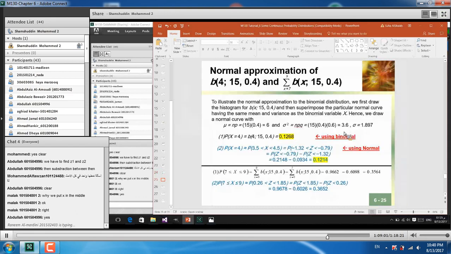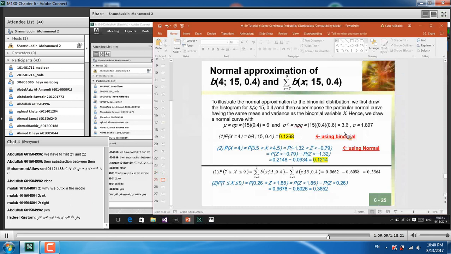Example. In the following page, they are showing me how the results are same or very close when we use the binomial or when we use the standard. They are trying to show me and the results are equal. In this example, we have binomial x 15 and 0.4.